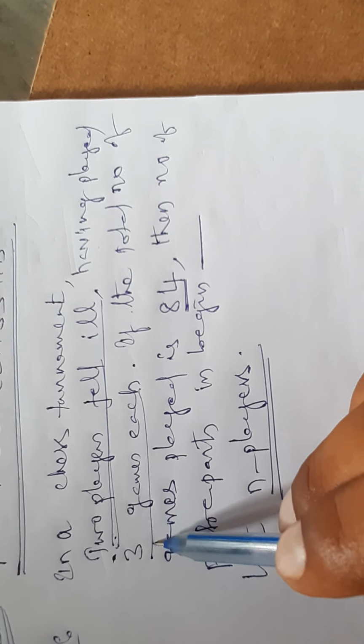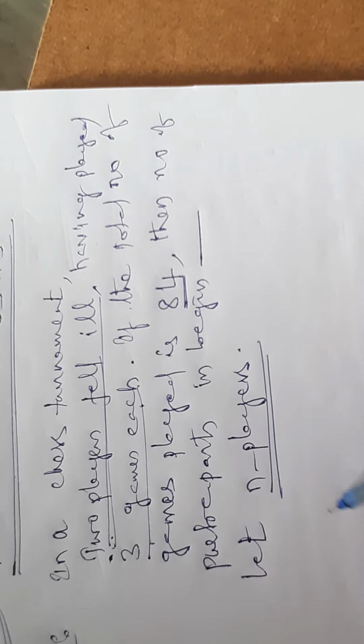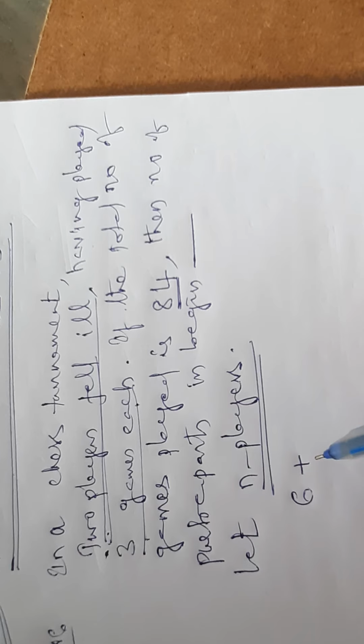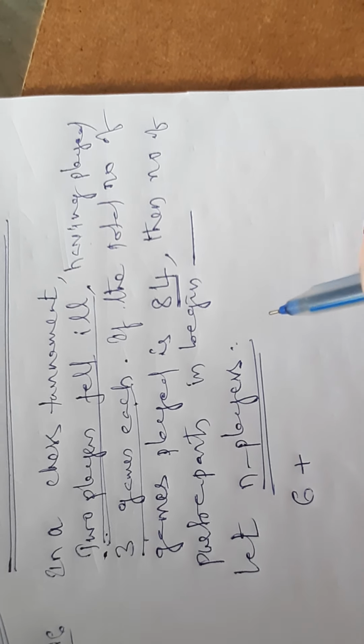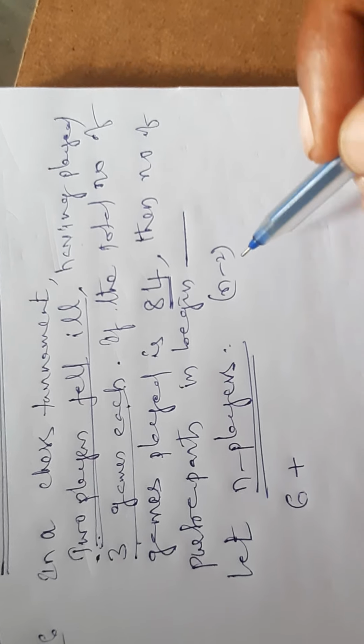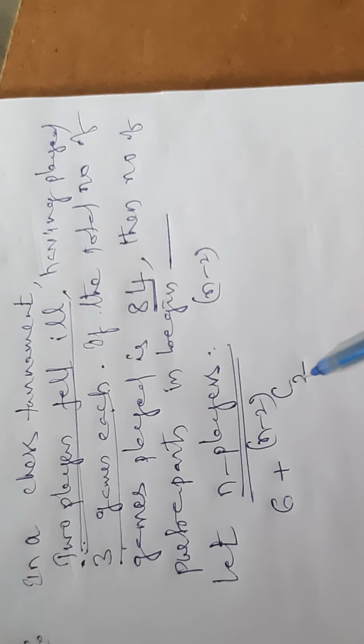Means each of those two players played three games, so in total they played 6 games. After that they were removed from the tournament. So how many players remain? n-2.